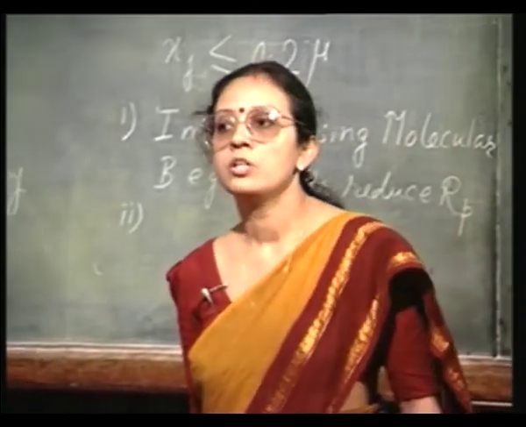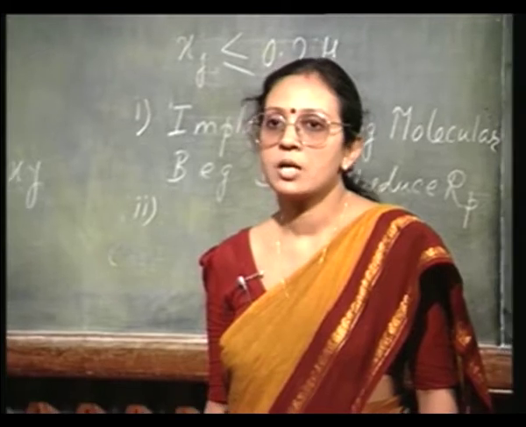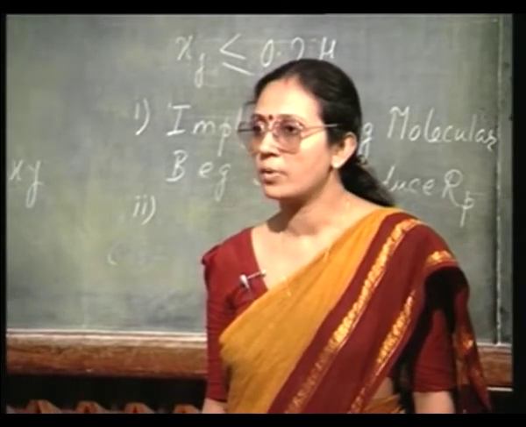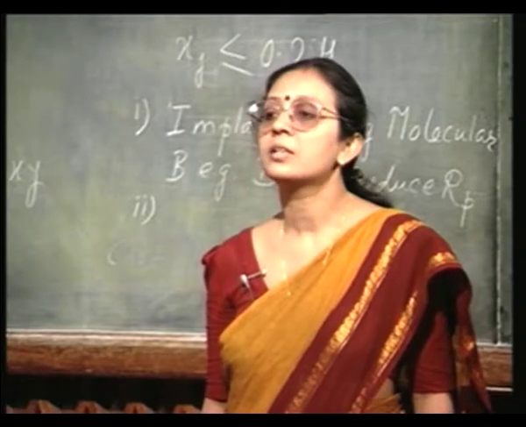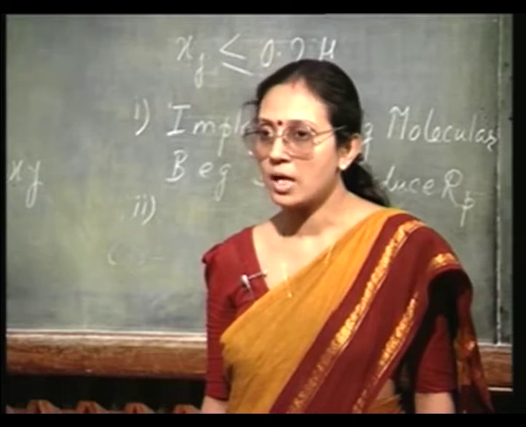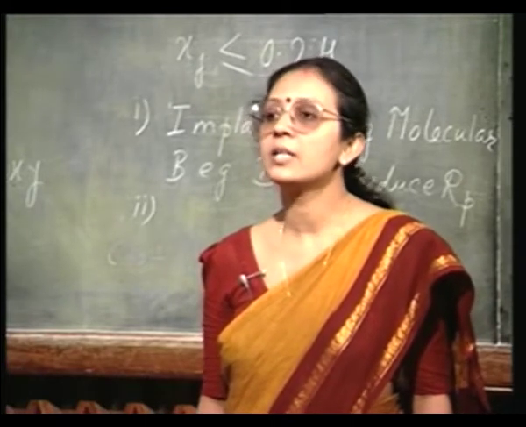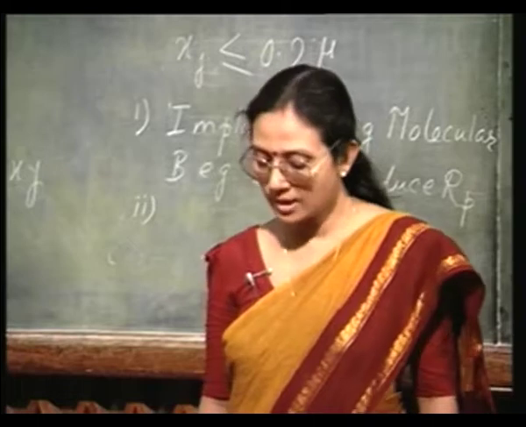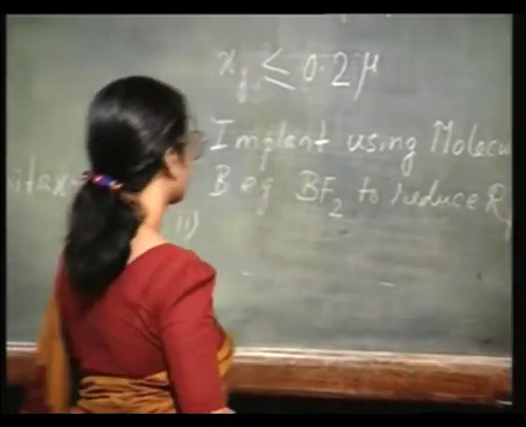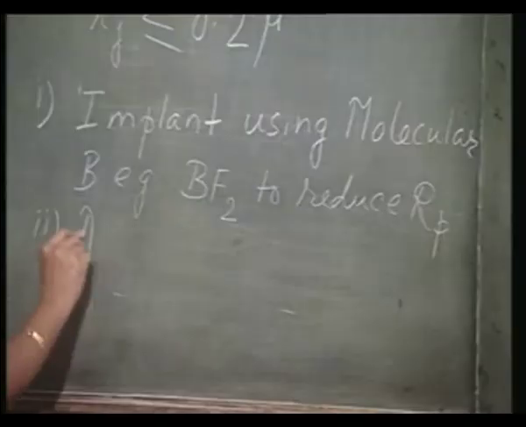So, you use a sufficiently high dose or energy of silicon implantation, so that you have a thin amorphous layer of silicon. So, you first do this amorphizing and then you implant boron, then your channeling problem is going to be minimized. So, that is the second possibility.